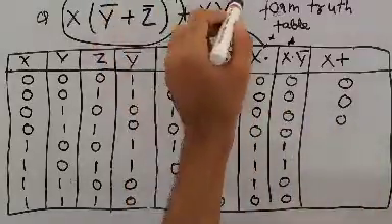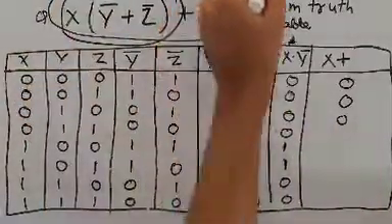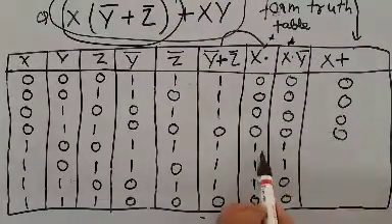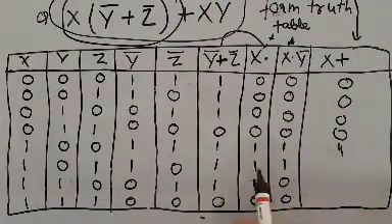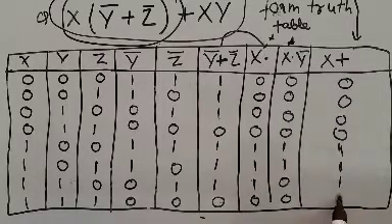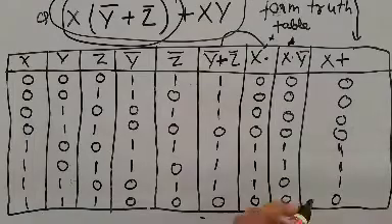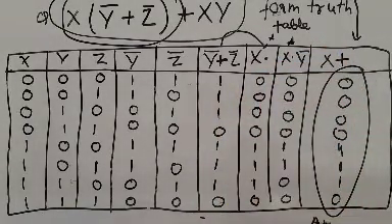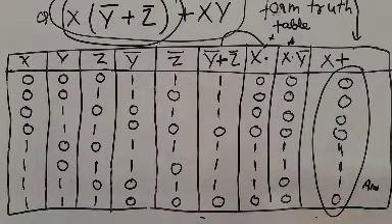This is the resultant of the whole expression. Clear? Here 0 plus 0, again 0, 1 plus 1 is 1, 1 plus 1 is 1, 1 plus 0 is 1, 0 plus 0 is 0. This is the answer of your whole expression. Clear?